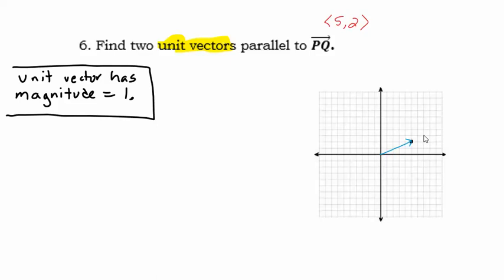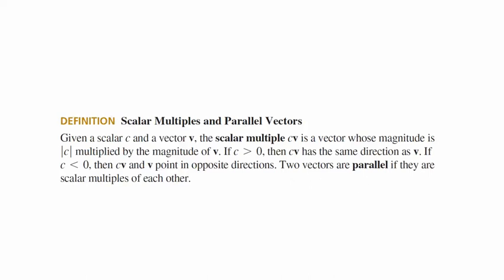All right, so a unit vector in the same direction as PQ is going to be parallel to PQ. So basically we want to take this vector and have it go the same direction, or it could go the complete opposite direction. Remember back at this definition, 2 vectors are parallel if they are scalar multiples of each other.